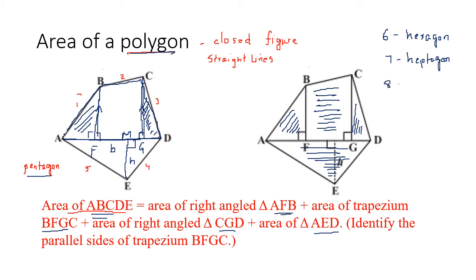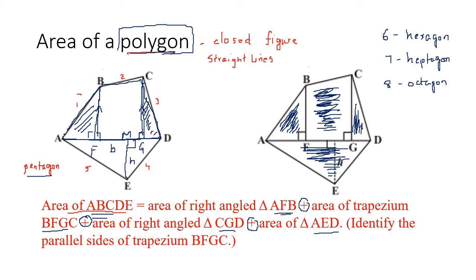What we are going to do is break up the polygon into convenient shapes, then find the area of all the shapes separately, and then add them all. By adding them you will get the area of the entire polygon. This is what we are supposed to do in this next topic.